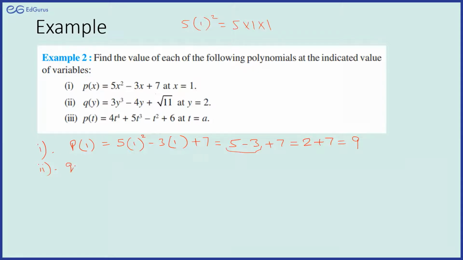Type the value. What will Q of 2 be? This is 3 times 2 cube minus 4 times 2 plus root 11. Right? What is 3 times 2 cube?